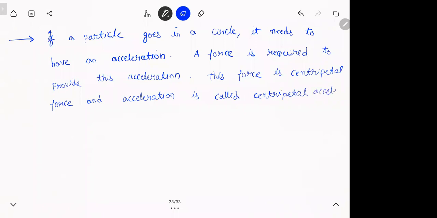All these normal forces, when you use them for going in a circle, we call centripetal force. Example: Earth going around the sun. Here gravitation is the centripetal force. So centripetal force is not a new type of force.